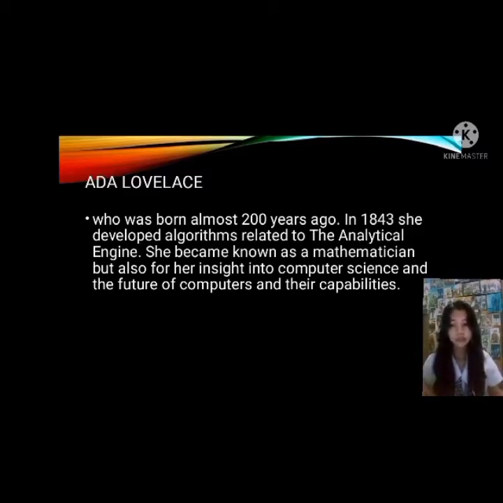So Ada Lovelace developed algorithms, which means a step-by-step procedure to solve logical and mathematical problems in a computer. So it is a process of step-by-step computing.